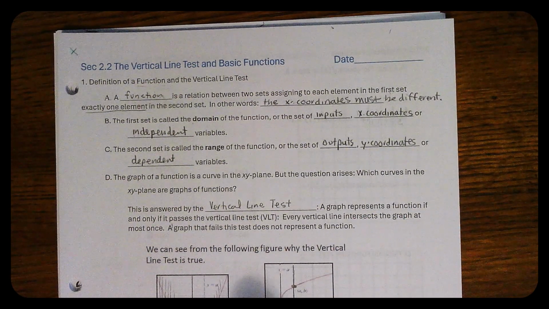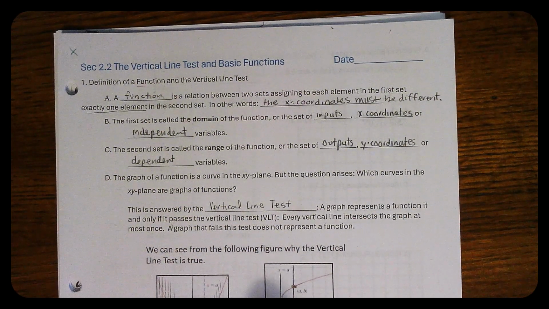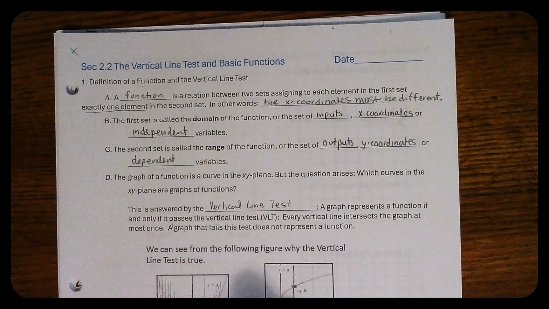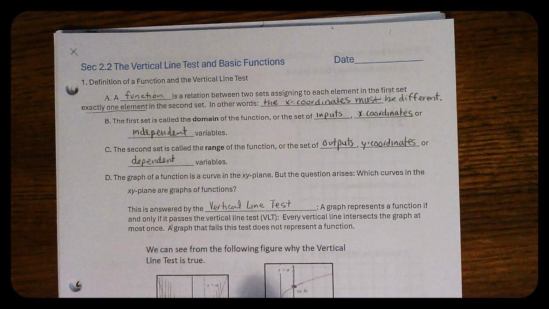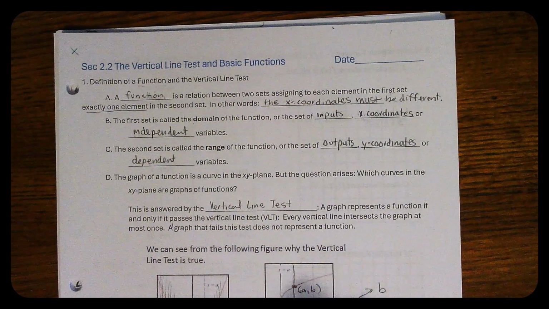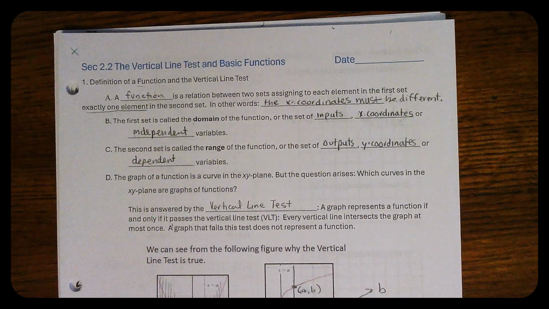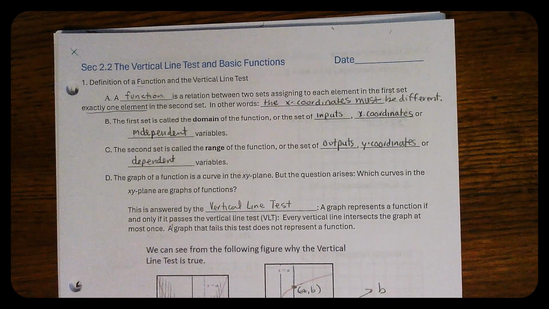So here's A, and it's at C, well, this is also at A, and it's at a different point B, and so the x's aren't different, they repeat. So this A is going to a y coordinate B and C, so that fails the vertical line test, and that's not a function.